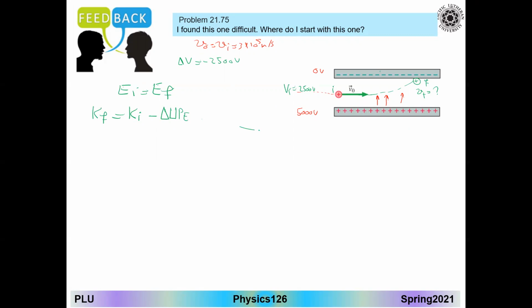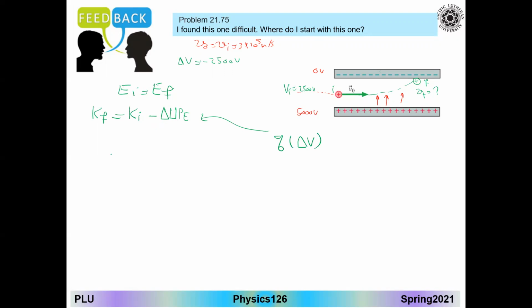Where is my delta potential energy here? It is basically Q delta V. That's my electrical potential energy.